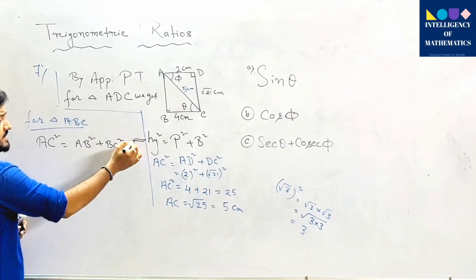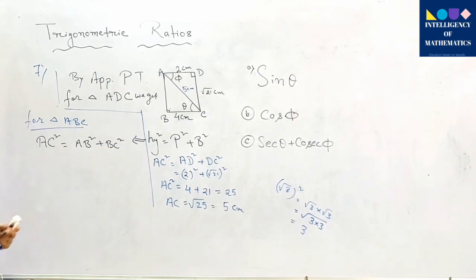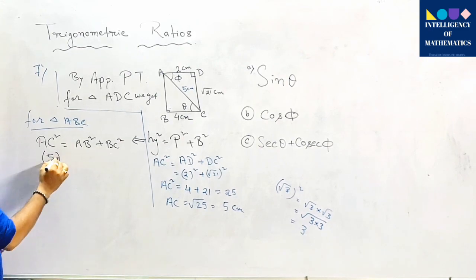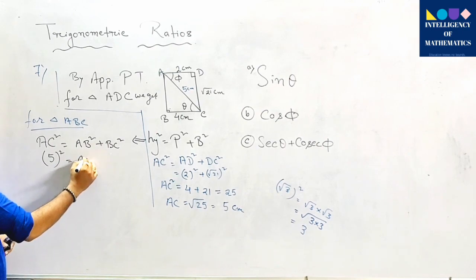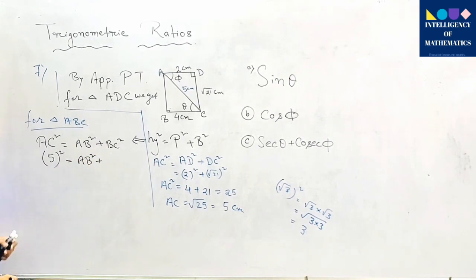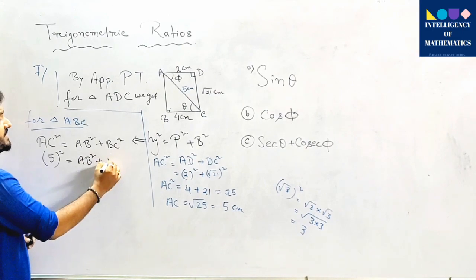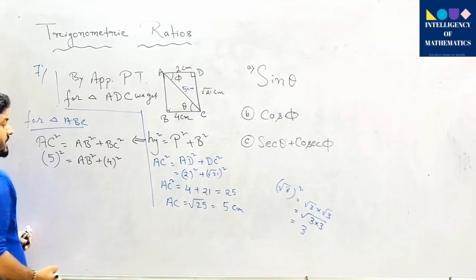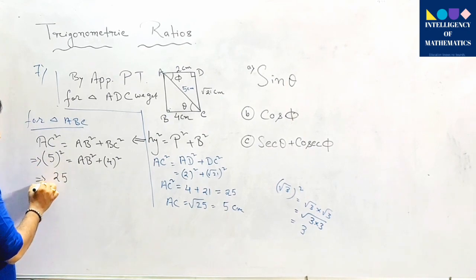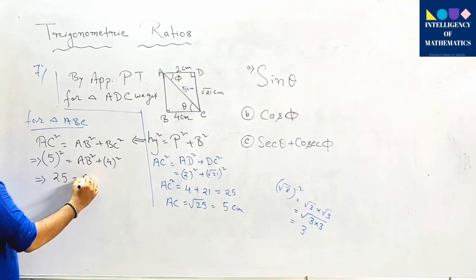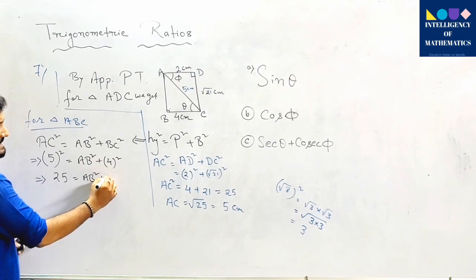Here it is written, I have just written the side names. AC we just got, that is 5, so making it 5 square. AB is unknown, but BC is known. BC is given as 4. This is 25. This is AB square. This is 16.